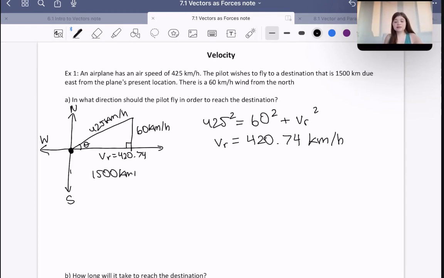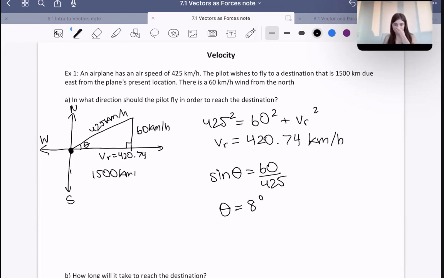So let's figure out the angle. To find out the angle, we can just say that sine theta is equal to opposite over hypotenuse, right? So opposite is 60 and hypotenuse is 425. So therefore theta, if we punch that in our calculator, we will get 8.12 degrees, which I'm just going to round to 8 degrees.